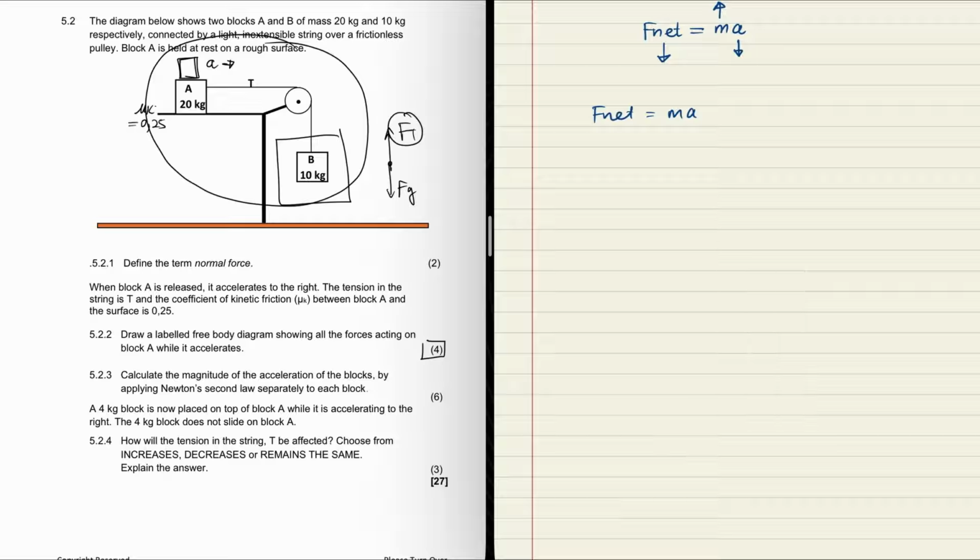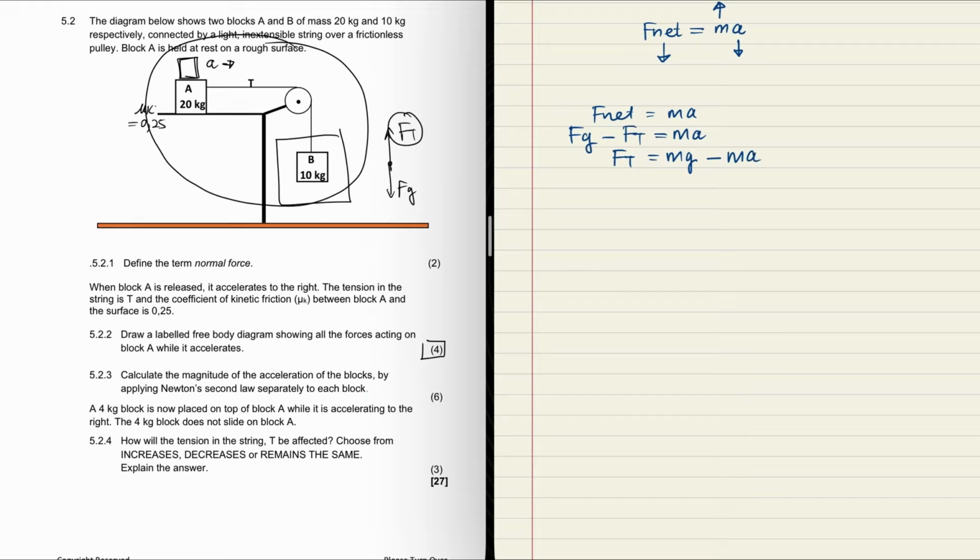Now, for B, remember we said that F net equals ma. B is still going to move downwards, so I'm keeping down as positive. I'm going to say that Fg minus FT is equal to ma. Now I'm going to rewrite this. So FT is going to equal mg, the mass times gravity, minus ma.